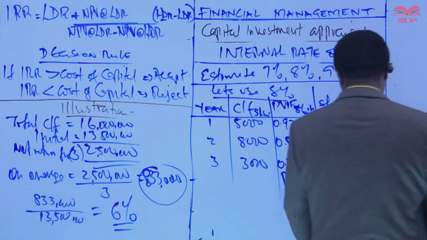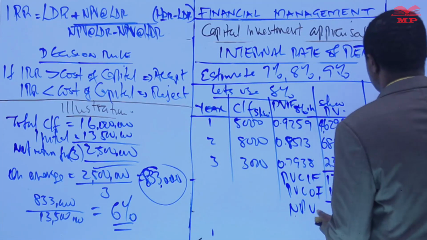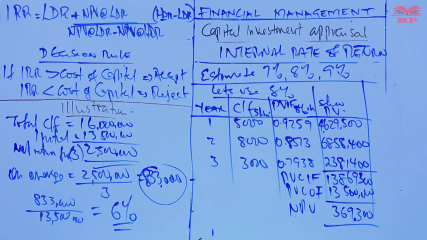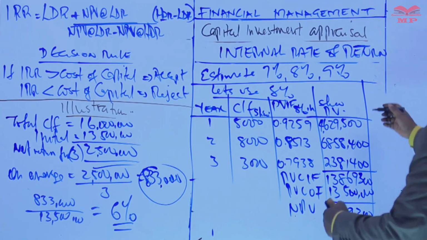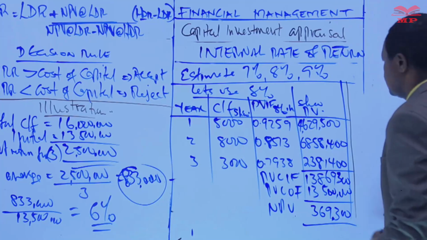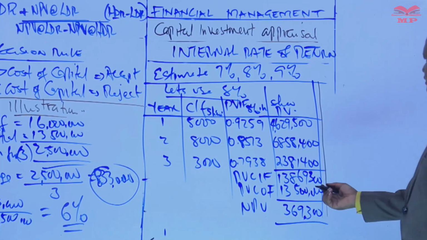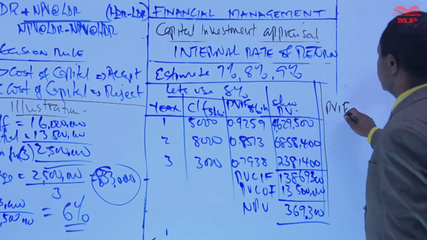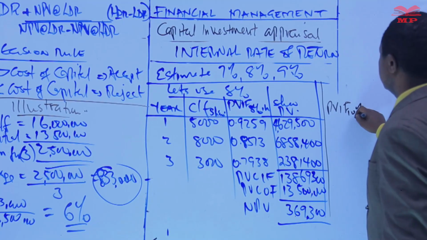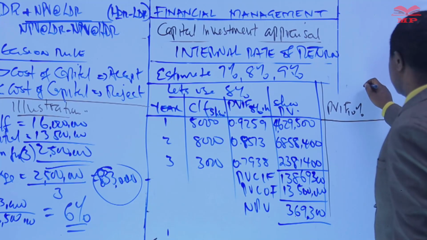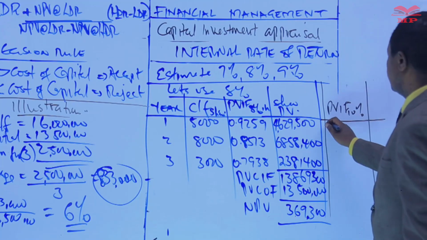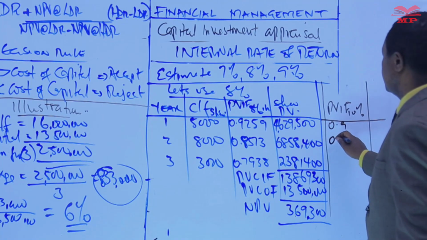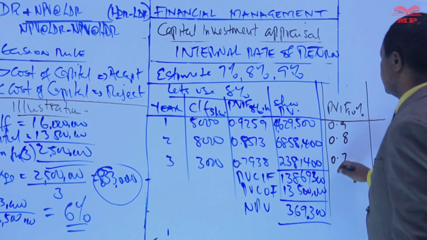Let's try 10%. At 10%, all we need here is the present value interest factors. 10% will be 0.9 something, 0.8 something, 0.7 something.